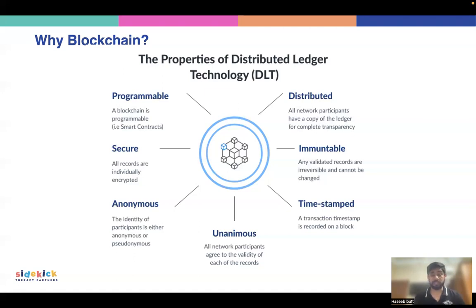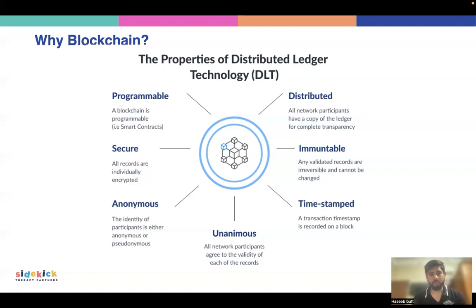It is secure because all records are individually encrypted as well, and these are validated by everybody. So yes, they are secure. It is programmable as well. I can say it is a very good property of blockchain that it is programmable, because being developers, we need something that we can program and we can change.